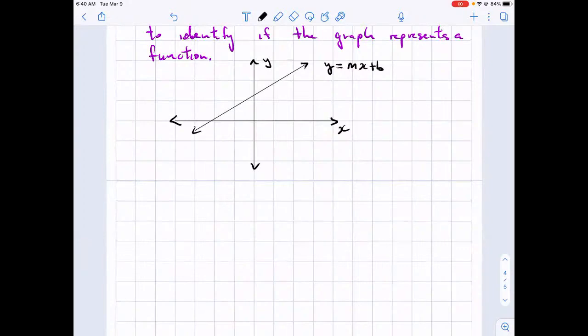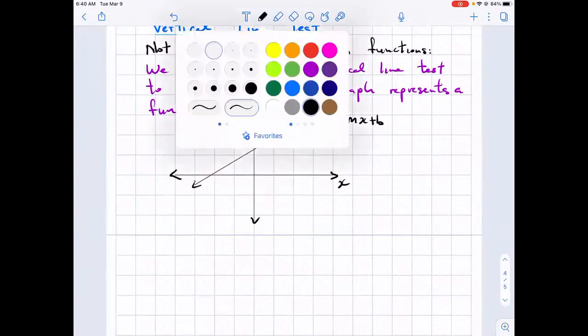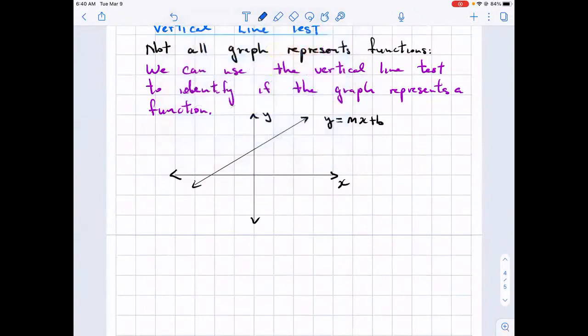Now you will notice that what is the vertical line test? The vertical line test is a vertical line that we draw on the graph anywhere. It's a line that we draw on the graph.